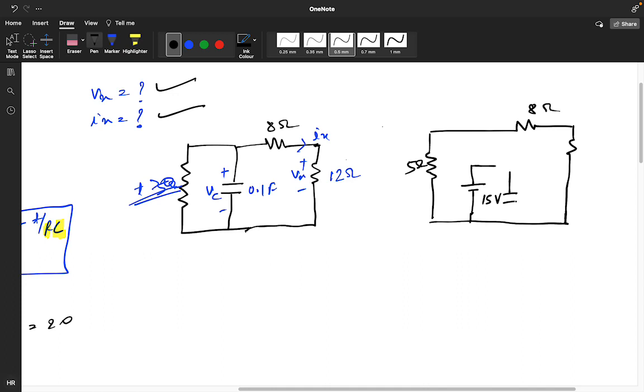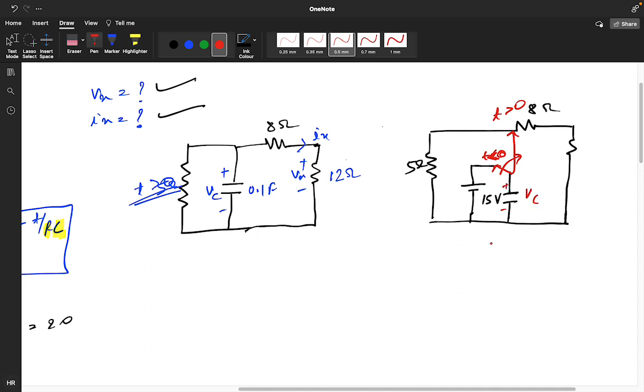It is the capacitor. At t equals 0, the switch was connected to this before 0, I am writing less than 0, and at t greater than 0, the switch is moved from this position to this position. So that is representing what? Positive negative Vc value.